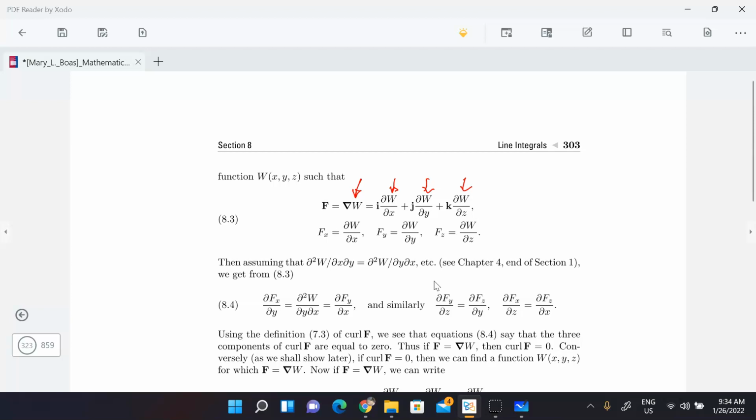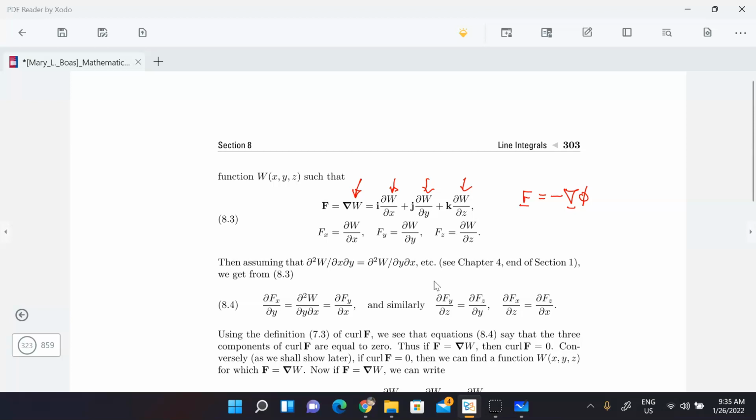But let me just mention this. The usual thing that you see in physics textbooks, you probably see in this particular form: instead of just the gradient of W, you have minus the gradient of phi.